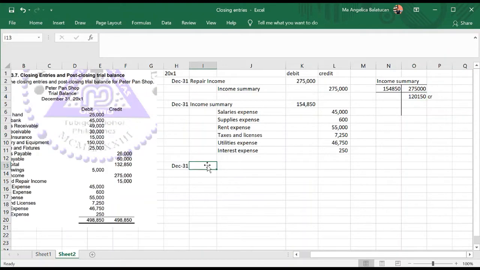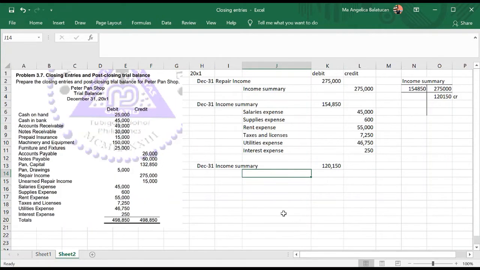Therefore, debit income summary 120,150 and credit the capital account. Here the capital account is PAN capital.